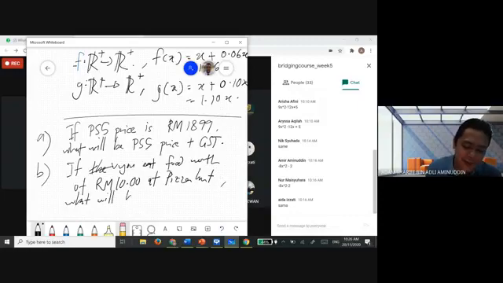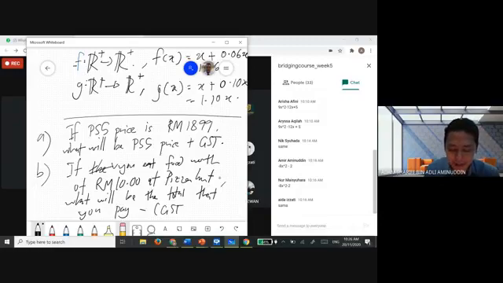What will be the total that you pay? So kat sini saya pernah tanya soalan ni sebenarnya, GST plus service tax. Berapa yang dia kena bayar? So benda ni again boleh diwakilkan ke dalam function.